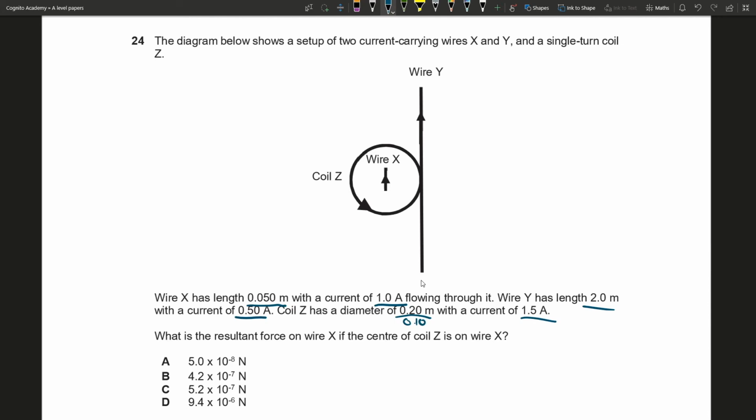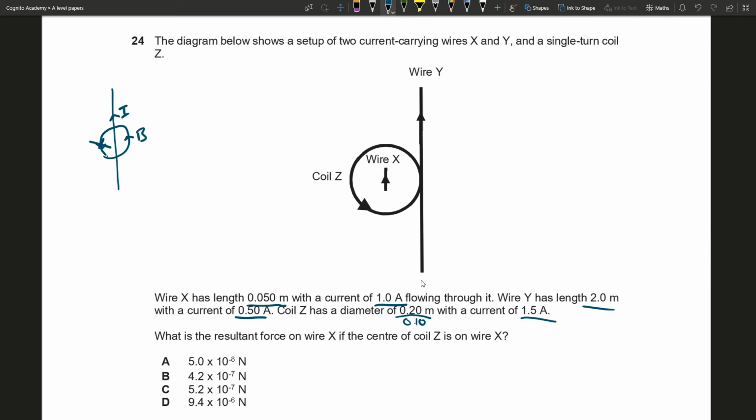If the center of coil Z is on wire X, the force on wire X comes from both the magnetic force on wire X from the magnetic field of wire Y and the magnetic force on wire X from the magnetic field of coil Z. So using our right hand curl rule, we find the magnetic field produced by wire Y. So this is wire Y, this is the current, and this is the magnetic field.